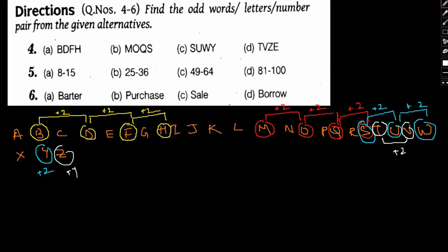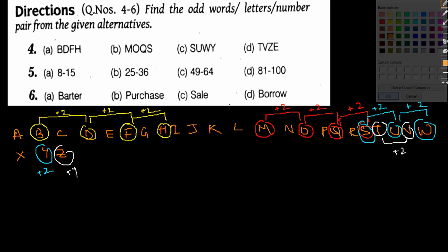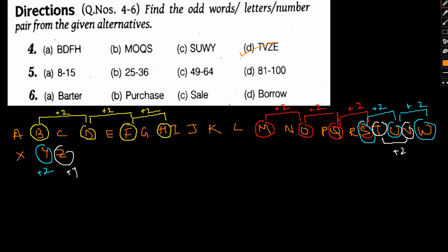So this is wrong; the pattern does not follow. So option D is the odd one out. It does not follow the pattern. Otherwise, it should have been plus 2, plus 2, plus 2 in all the cases. Now having said that, let's take a look at question number 5.